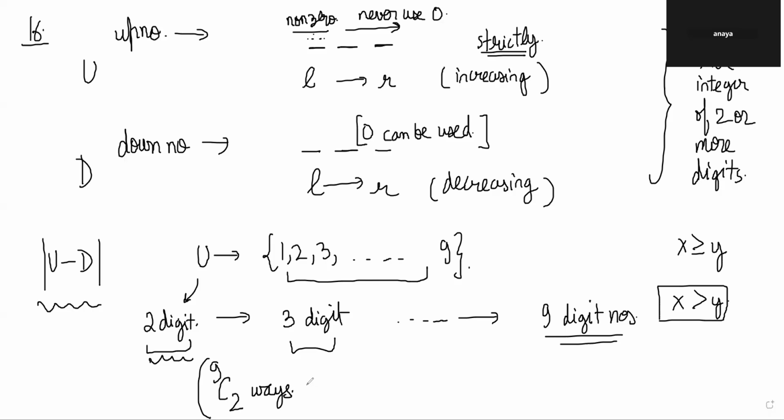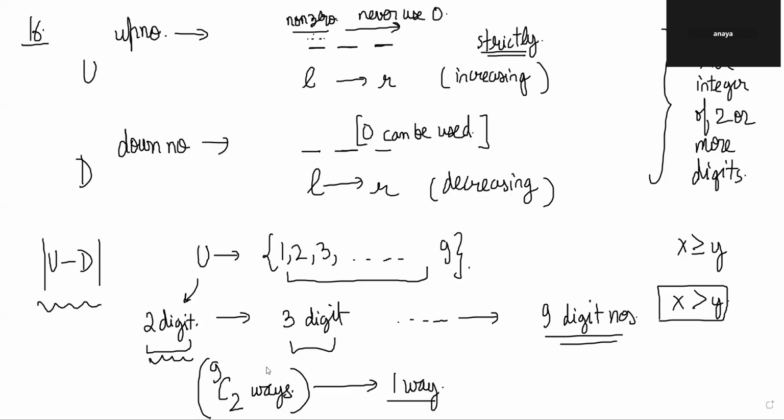Once you have selected any two numbers, you can arrange them in increasing order in only one way, because there is only one correct order. Similarly, if you had selected three digits, there is also only one way to create an up number.